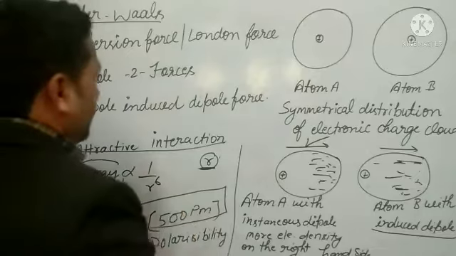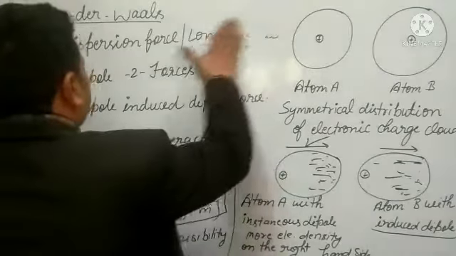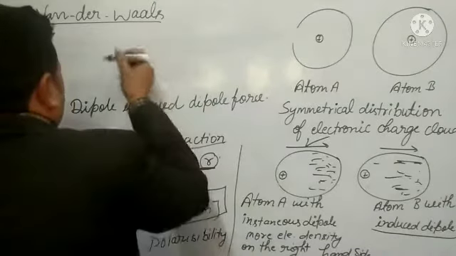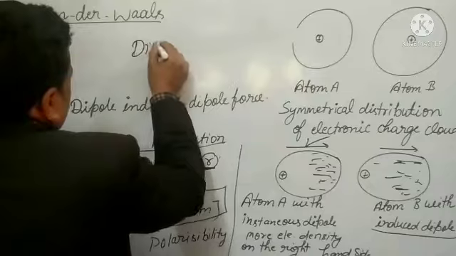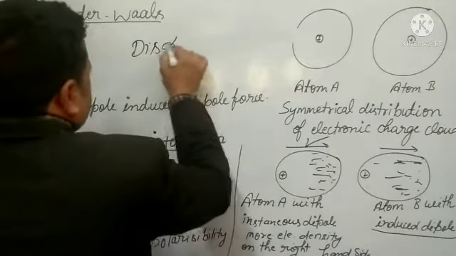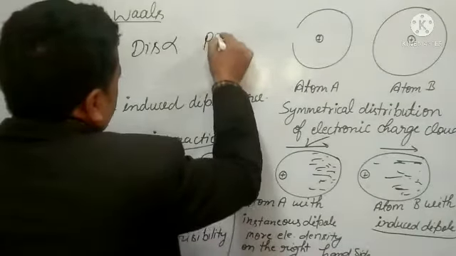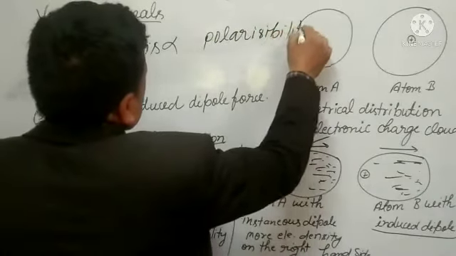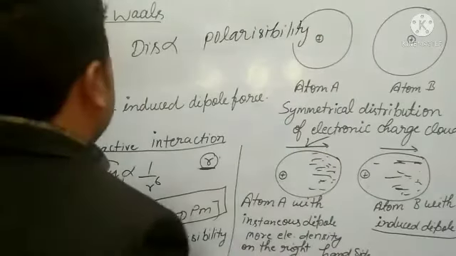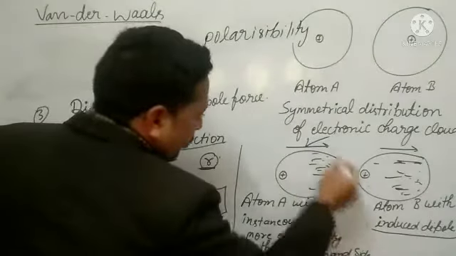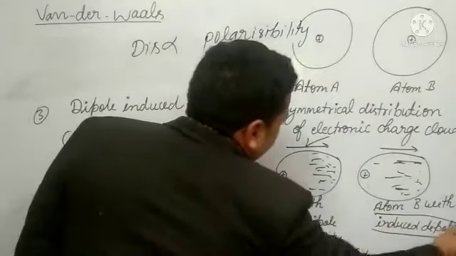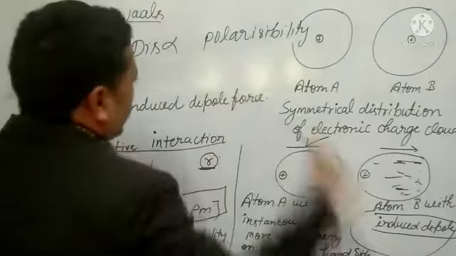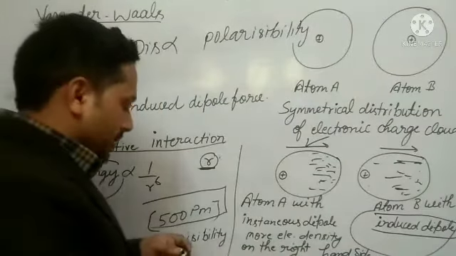So the dispersion London force is directly proportional to polarizability. If polarizability is more, induced dipole will be more, or London force will be more. If polarizability is less, induced dipole will be less.